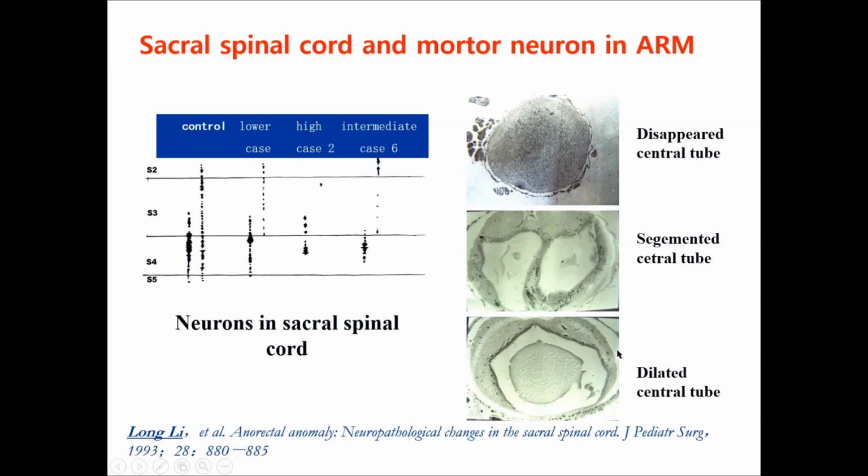Besides, you can see the number of motor neurons in the sacral spinal cord in high and intermediate ARM is significantly fewer than the control and the low type of anorectal malformations.